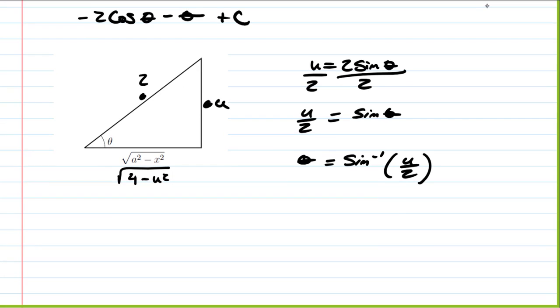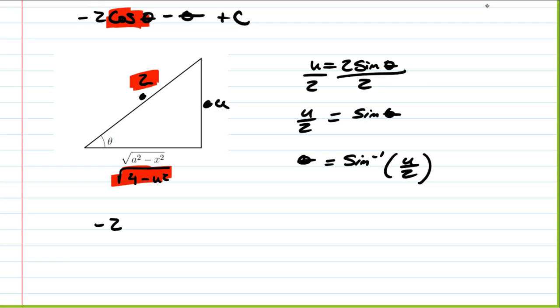So now we're finally ready. We have negative 2 times cosine. And what is cosine? It is adjacent over hypotenuse.